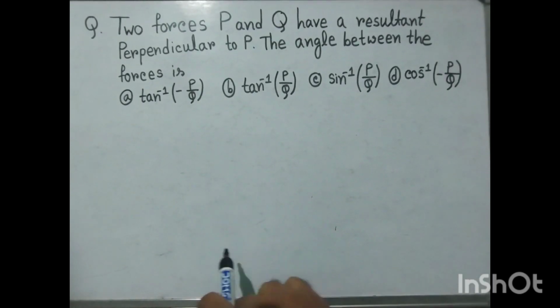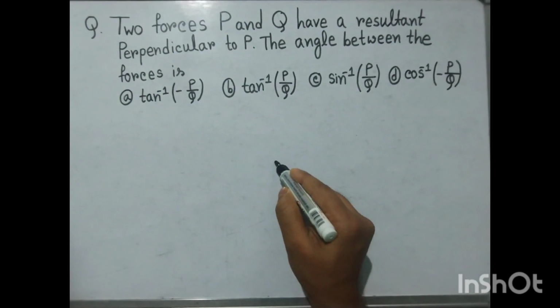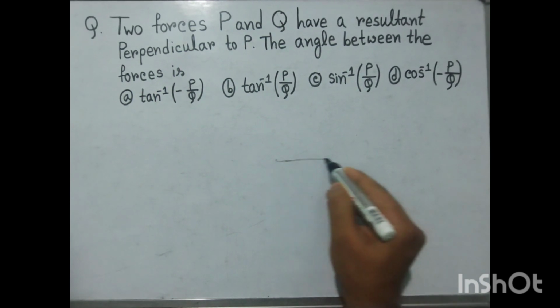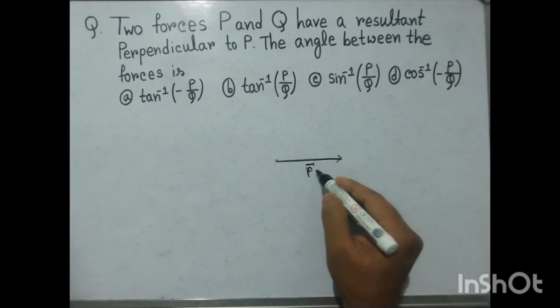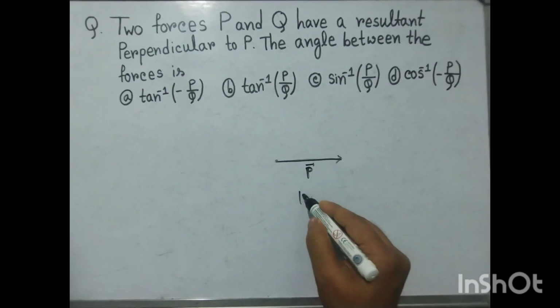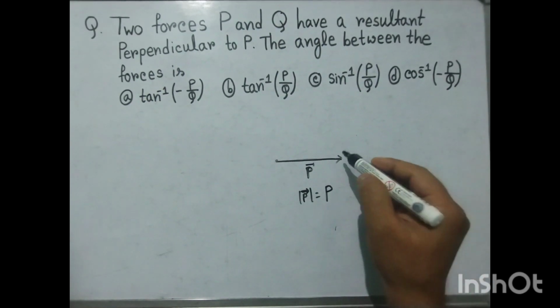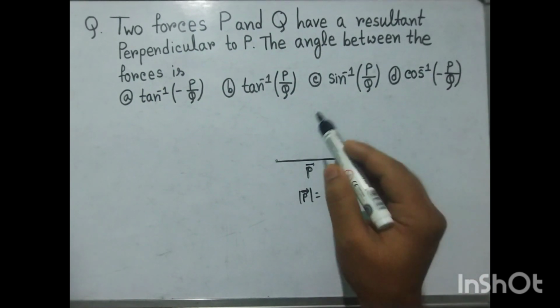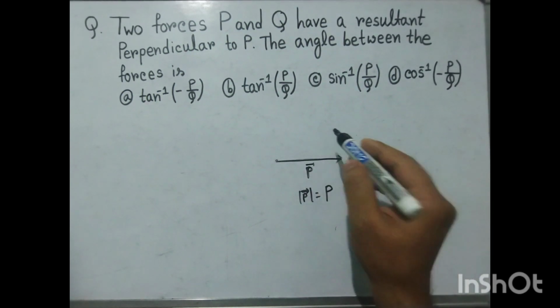Okay, this question is saying two forces P and Q have a resultant that is perpendicular to P. Suppose there is a force, it is P vector and its magnitude is P, and there is a Q vector that is another force, but we don't know the direction of that force.